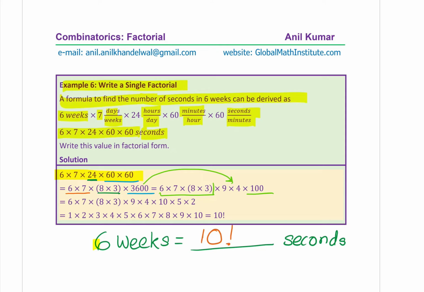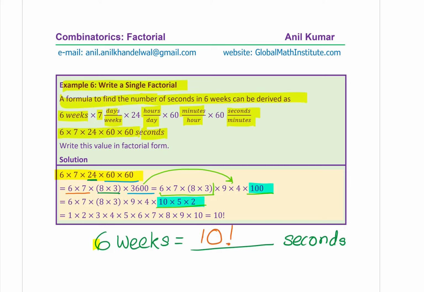Okay, so now we have 9 times 4, 6, 7, 8, and 3. About 100, we have to get the rest of the numbers to make it 10 factorial. 100 is 10 times 10. Okay, 10 is 5 times 2. So what we are going to do is write 100 as 10 times 5 times 2. Once we do that, do you see you have all the numbers from 1 to 10 in your list?